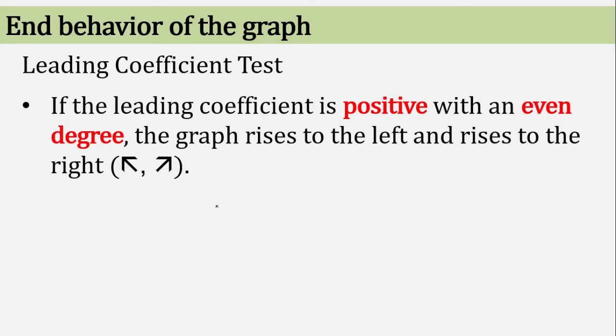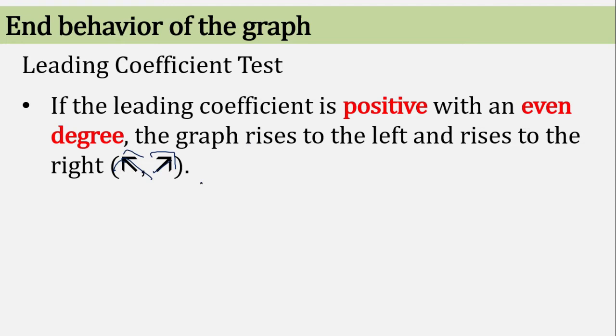If the leading coefficient is positive with an even degree, meaning the exponent of the variable of the leading coefficient, the graph rises to the left and rises to the right.